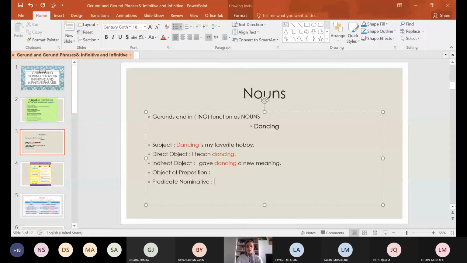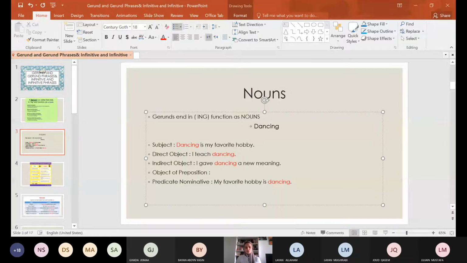Okay, the predicate nominative. How can I use dancing as a predicate nominative? It comes after a linking verb. My favorite hobby is dancing. Now dancing as an object of preposition.